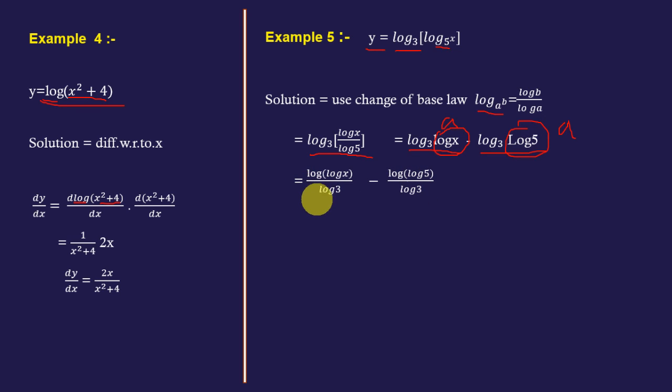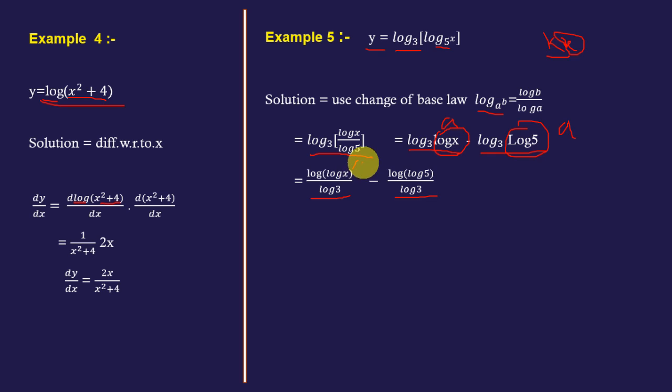Then here we differentiate this with respect to x. When we differentiate, we know that if k into some function is there, we keep the constant outside and find the derivative of the inside term. Same thing here, log 3 is a constant, so keep 1 upon log 3 outside into the derivative of log of log x.